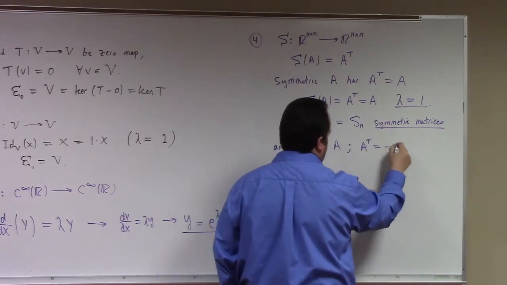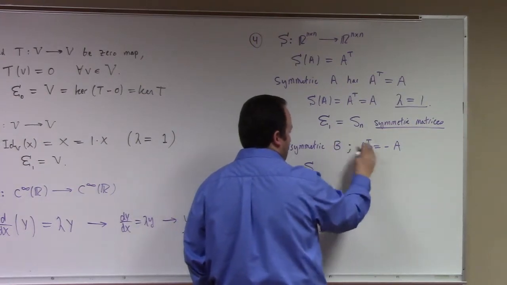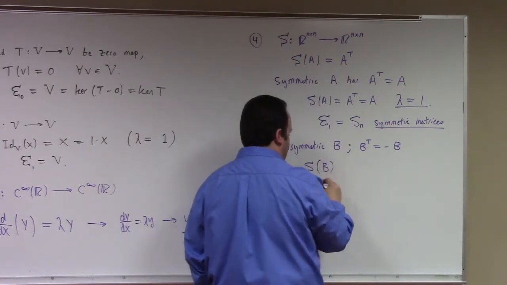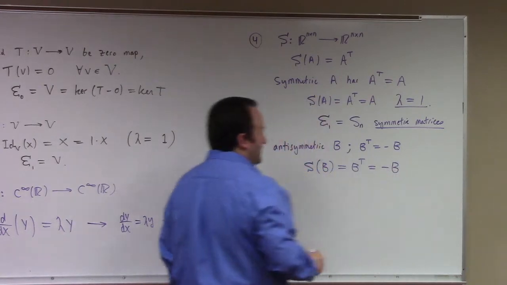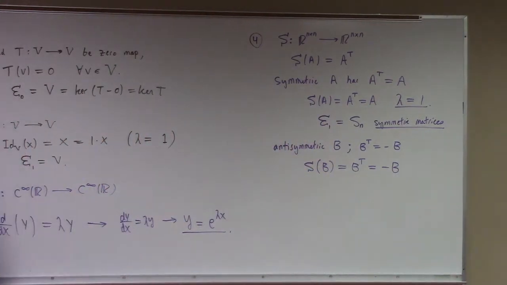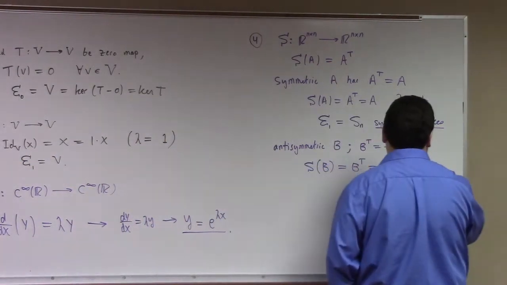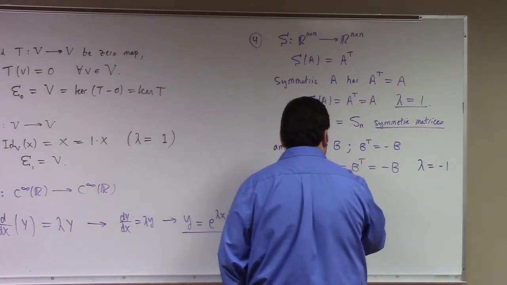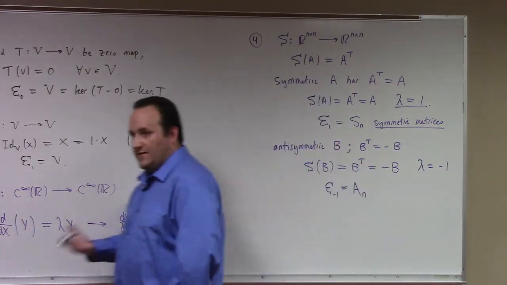A transpose equals minus A, right? So if we take S of an antisymmetric matrix, let me use B, just so you can see the difference. So if I take S of B, where B is antisymmetric, by definition B transpose, but antisymmetric gives us minus B. So what's the eigenvalue? I mean, it's an eigenvector, with eigenvalue what? Yeah, lambda equals minus 1. So the eigenspace with eigenvalue minus 1 would be the antisymmetric matrices, A sub n, the set of antisymmetric matrices.